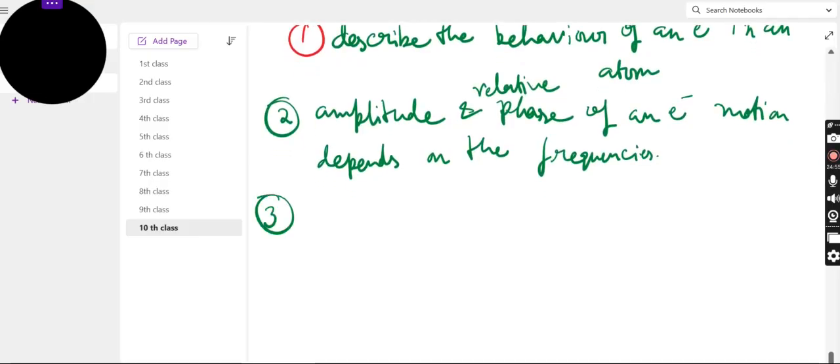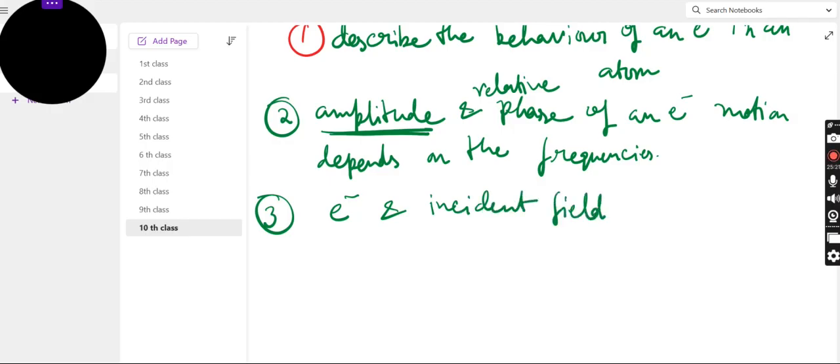We also know that the amplitude got decreased. Sometimes it remains the same, but it doesn't remain the same. The amplitude changes. And the electron and the incident field oscillate at the same frequency.